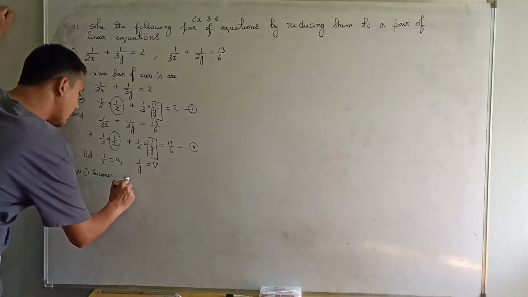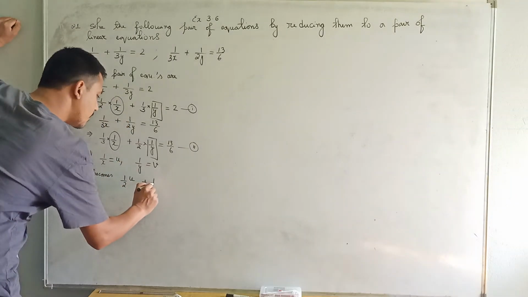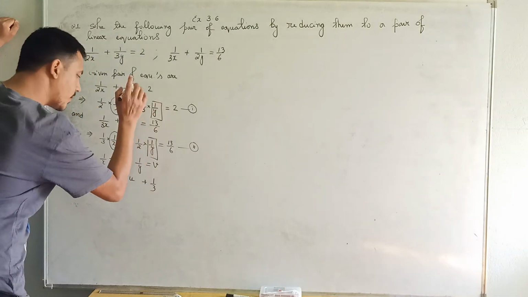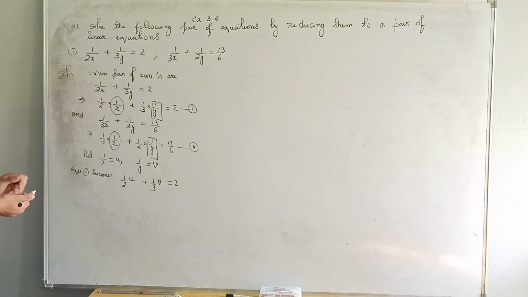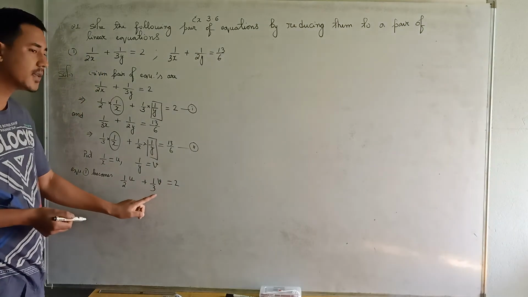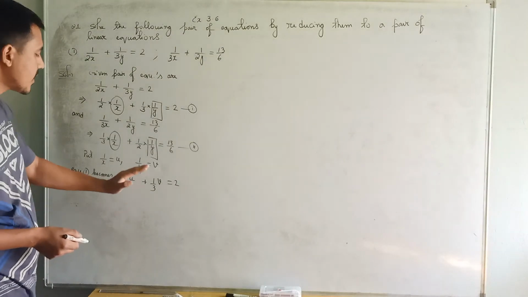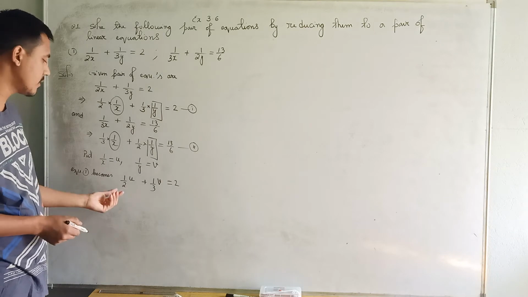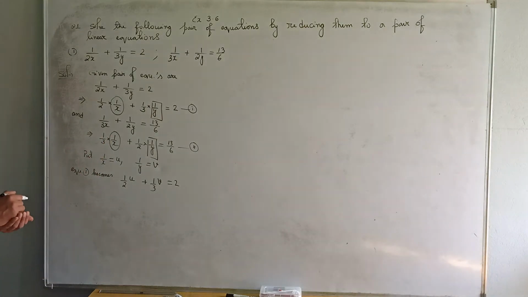1 by 2 times u, right? Plus 1 by 3 times 1 by y. 1 by y is v is equal to 2. I can remove the denominators very easily now. You can just take LCM, cross multiply, then you get an easier equation.